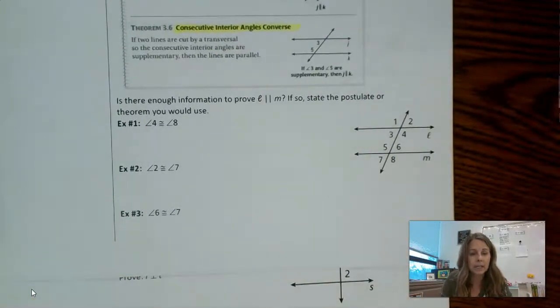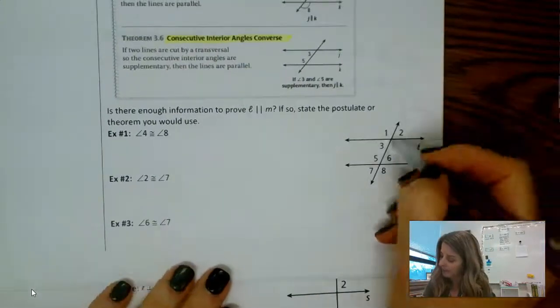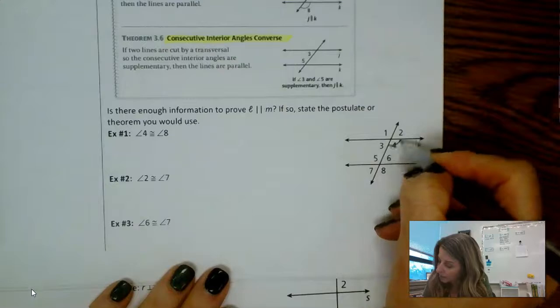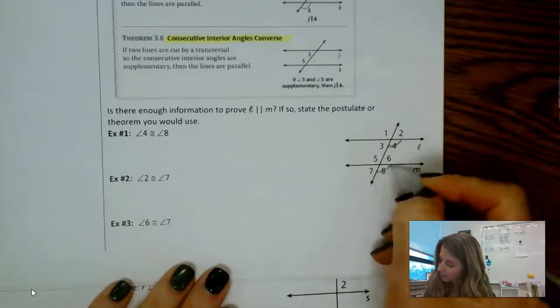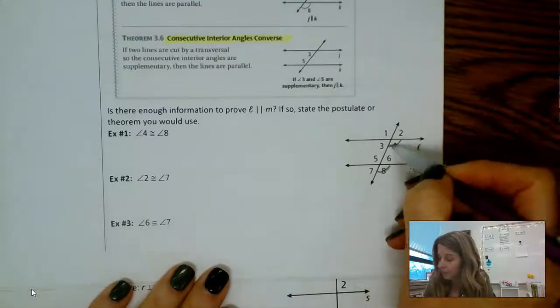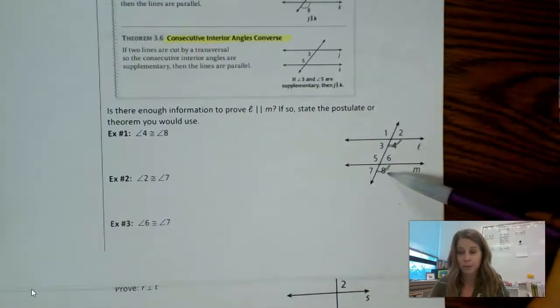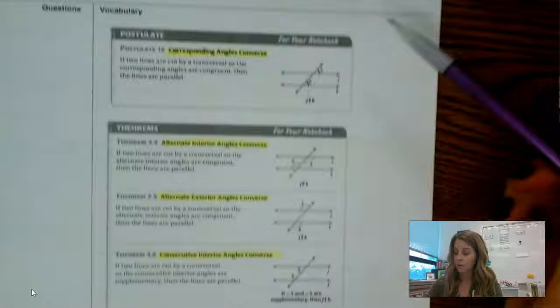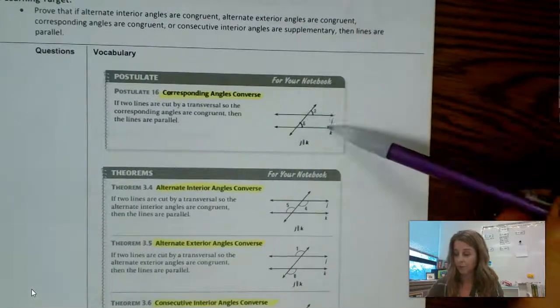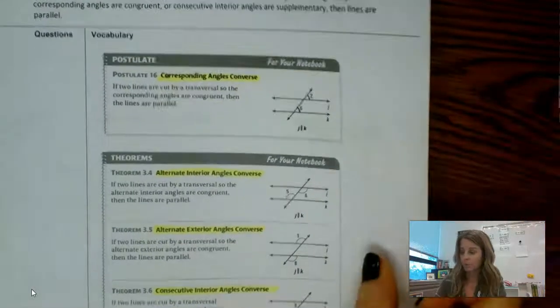Let's look at 4 congruent to 8. I'm going to use a pencil here so I can erase it for the next couple examples. 4 is this one, 8 is this one, so these two are congruent. Can I prove the lines are parallel? Well, yes, 4 and 8 are corresponding, and so the corresponding angles converse says if your angles are corresponding and congruent, then your lines are parallel.